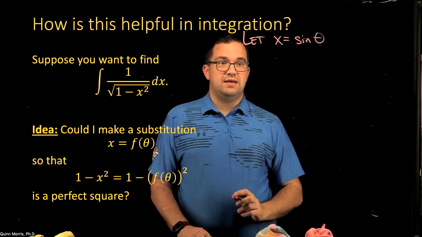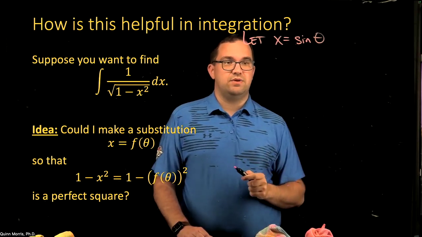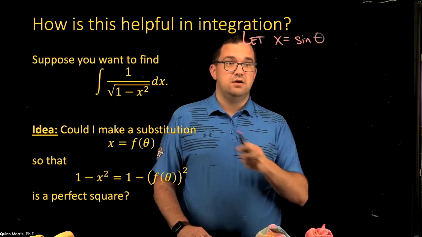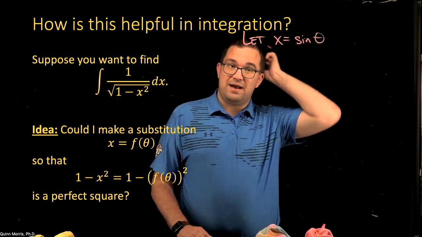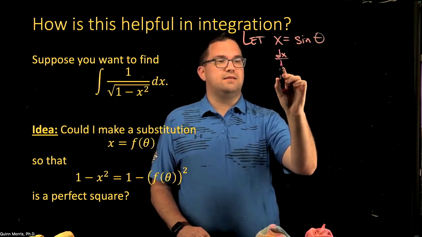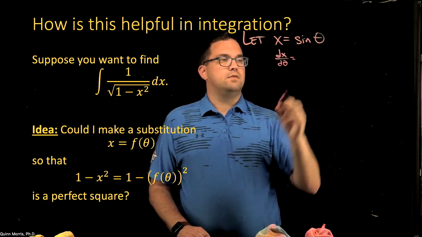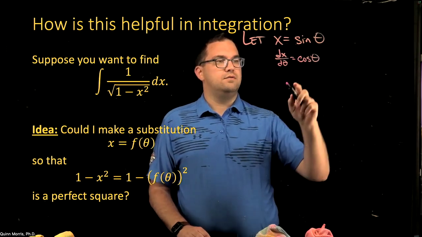Now, when I do this, I'm going to be changing my variable because I'm going to be replacing my x's with this function that involves theta. So I can no longer integrate with respect to x. I have to integrate now with respect to theta. So I could take a derivative of this with respect to theta. If I do, right, the derivative is just cosine of theta.